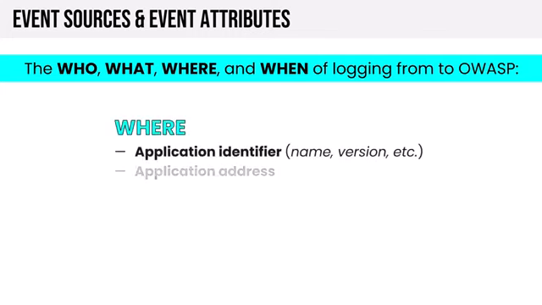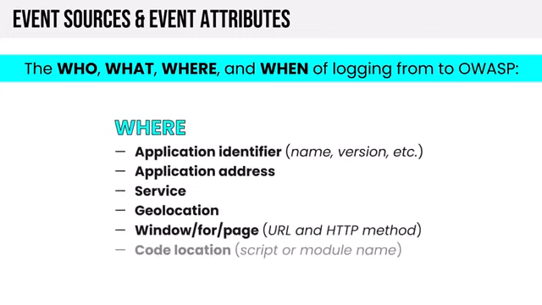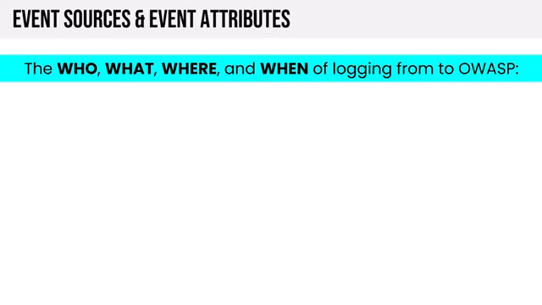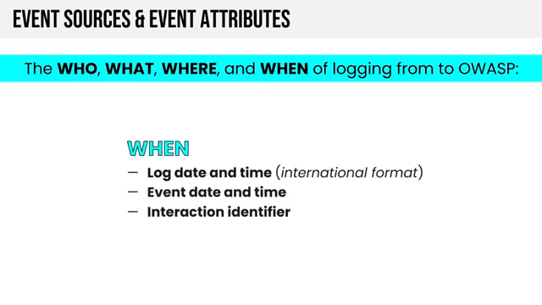And the where: application provider, application address, the service, geolocation, window or page, the URL, HTTP method, code location, the script or module name. And for when, we see log date and time, event date and time, and the interaction identifier.